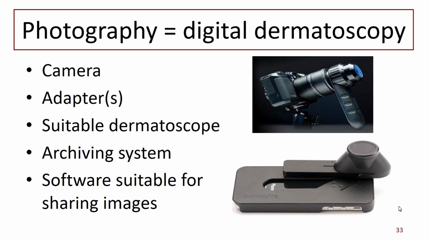This is an SLR camera with a dermatoscope on the end and a little adapter between them. Here's an iPhone. This one's an iPhone 4 with a DL1, which we've got over there, and it's been converted.